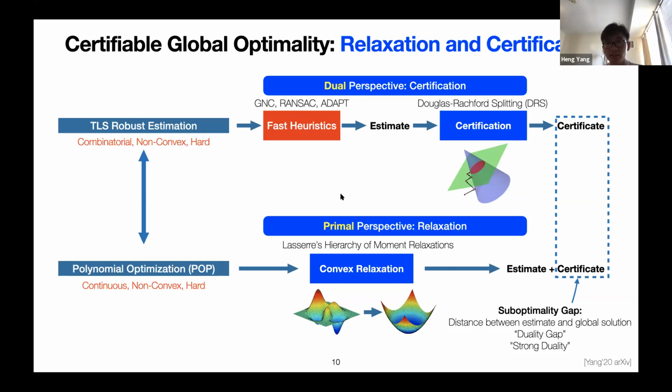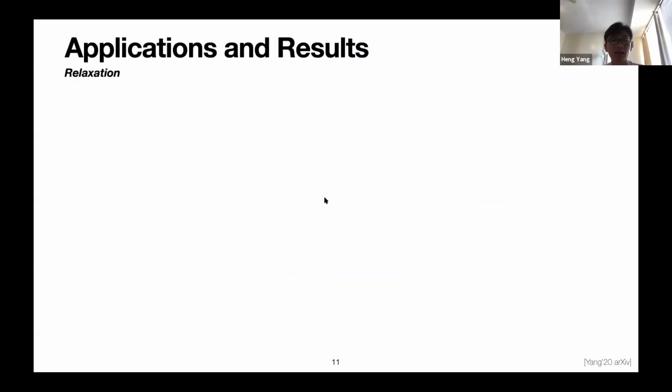Can we say that this estimate is globally optimal or not globally optimal? So this is the very high level overview of certifiable robust geometric perception. I'm not going to talk about the technical details of each of these blocks, and later I'll point you to the correct references. But now I'm going to show some promising results of these two lines of research.